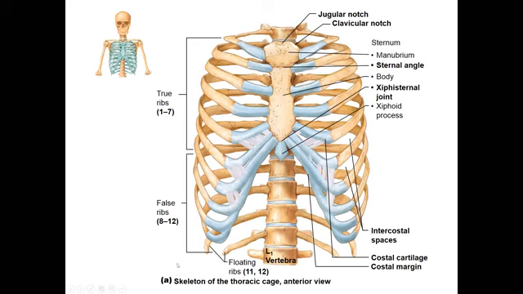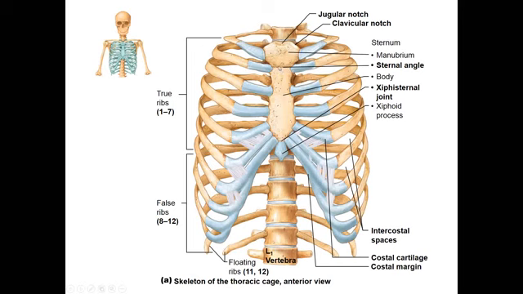It's even written here. Now the sternum has 3 main landmarks, so you can see it's got 3 parts: the manubrium, the body of the sternum, and the xiphoid process. We've got the notch up here, which you can palpate very easily, just sliding down your neck, you end up in the notch. Then where the manubrium joins the sternum, you can also palpate that.